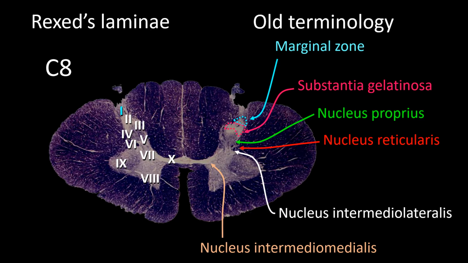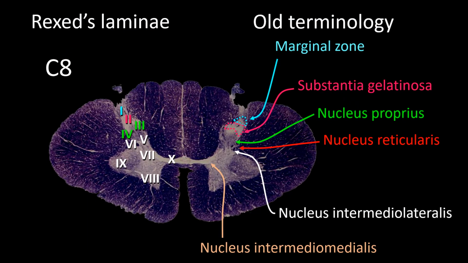Rexed lamina 1 corresponds to the marginal zone. Lamina 2 is consistent with the substantia gelatinosa, an important station in the transmission of fibers subserving thermal and painful sensations. This photograph is a specimen from a monkey spinal cord. It was obtained using a substance P detection stain.